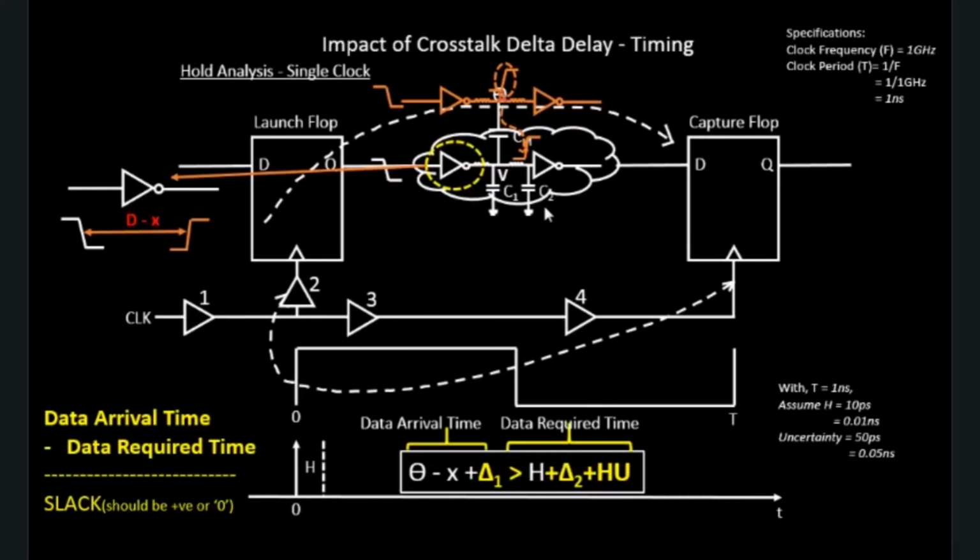Or we need to identify some of these nets, pre-assume some of the nets which might enter a congested area on the chip, and try to space them apart. This has to be taken care of much ahead of entering the routing. This is the way we try to avoid the crosstalk delta delay.